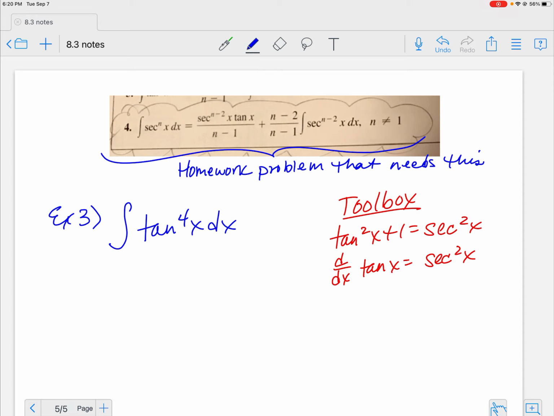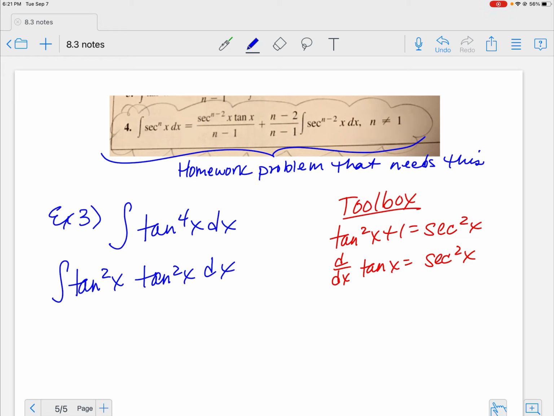So if I break up tangent here to get a tangent squared that I'm looking at. So if I have a tangent squared x, and I break this off to have another tangent squared x dx.